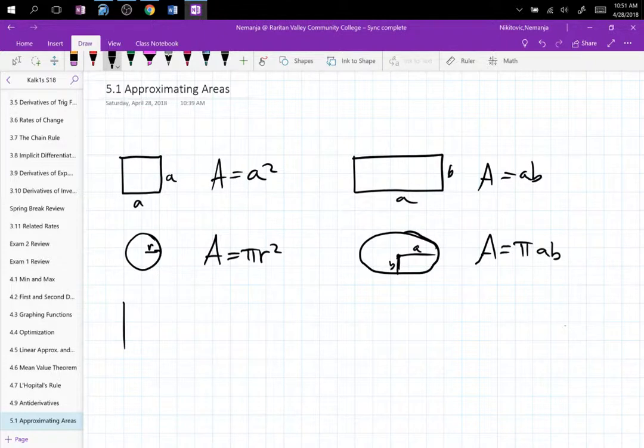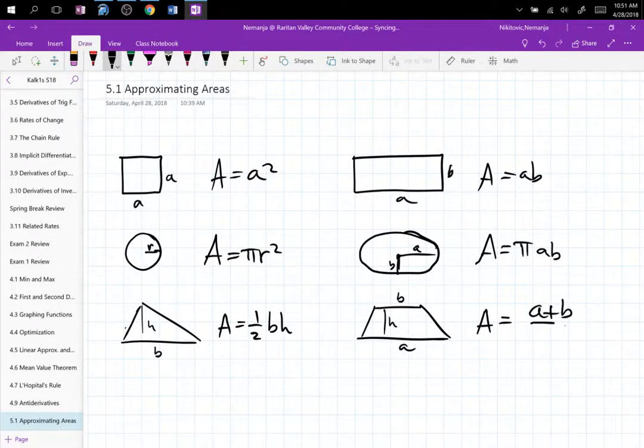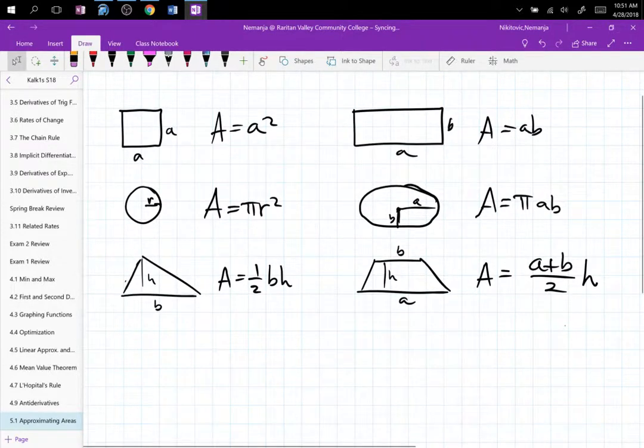We have a triangle with a height h and a base b, whose area is 1/2 base times height. We have trapezoids with bases a, b, and the height h, with the area a plus b over 2 times the height, and so on. So these are the exact formulas. There is more, obviously, for any shape that is regular, we know it.